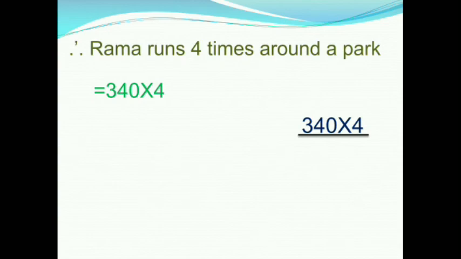First we should multiply 4 and 0. 4 zeros are 0. Next we should multiply 4 and 4. 4 fours are 16. Write 1 carry above the 3 and write 6 below the 4. Next we should multiply 4 and 3. 4 threes are 12. 12 plus 1, 13.